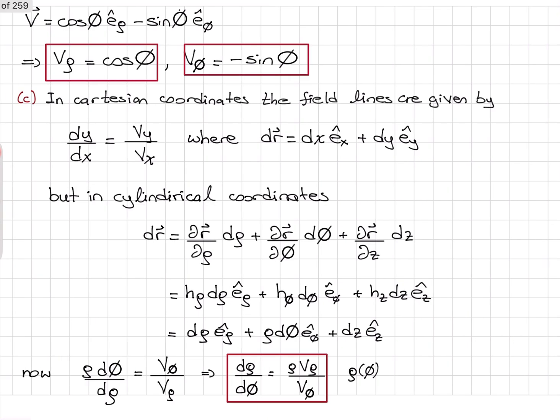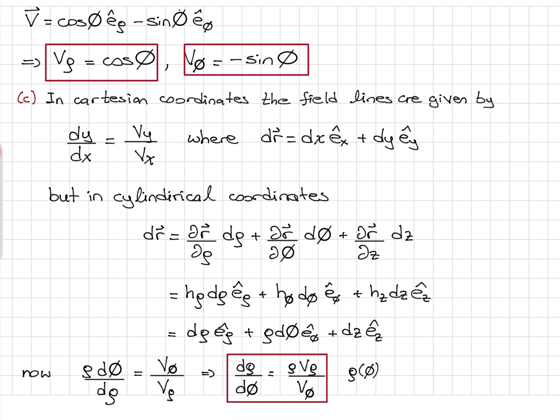All right, so we worked on these field lines. dy dx is equal to vy over vx when dr is written this way in Cartesian coordinates. But if we work in cylindrical coordinates, we have del r del rho d rho plus del r del phi d phi plus del r del z dz, which is h rho d rho e rho hat plus h phi d phi e phi hat plus hz dz ez hat.